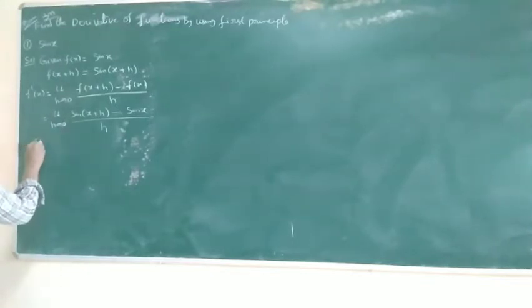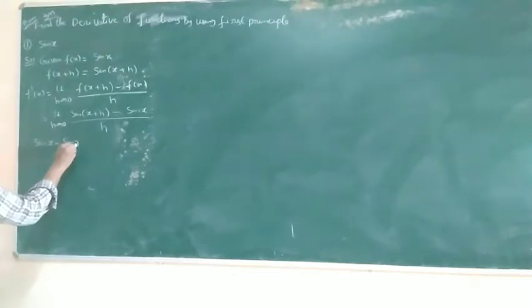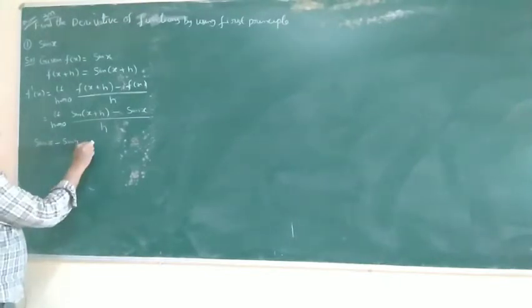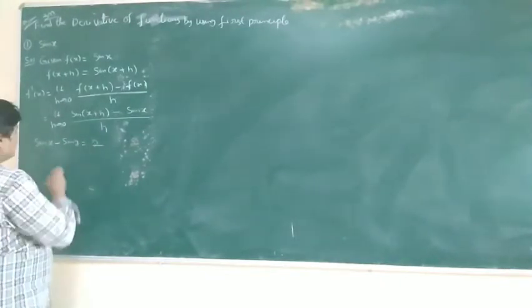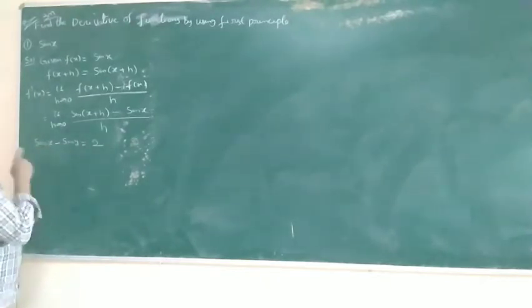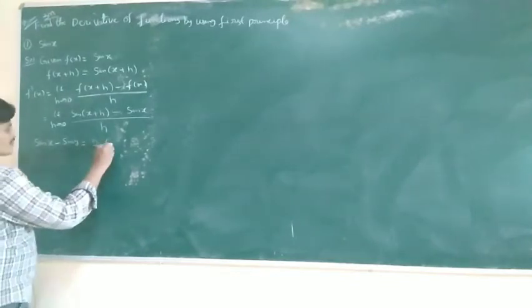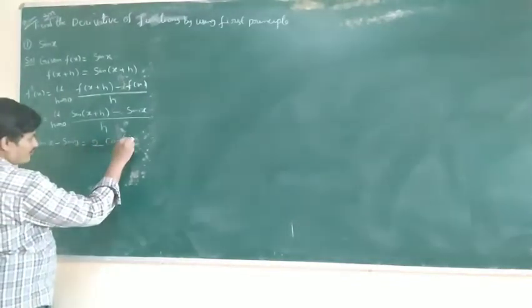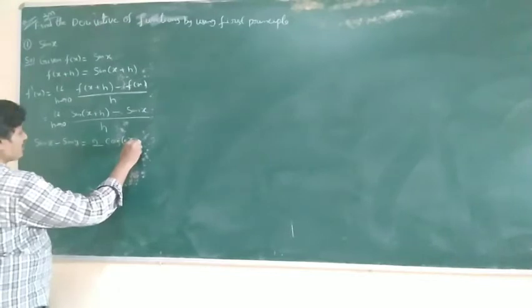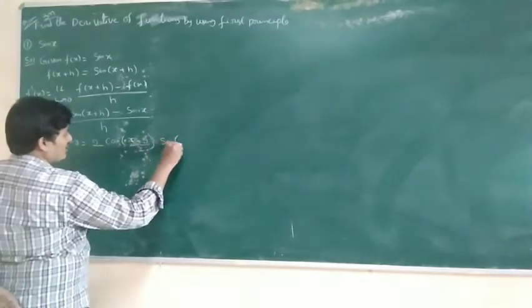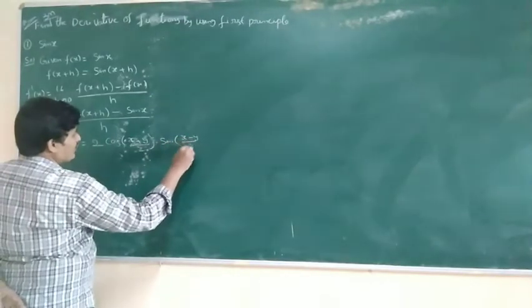In the trigonometry formula, sin x minus sin y is equal to 2 cos of x plus y by 2 into sin of x minus y by 2. When there is a minus in between, first comes cos, then sin.